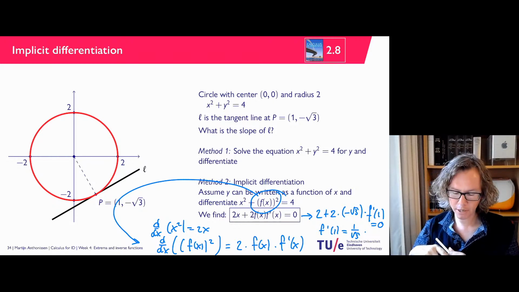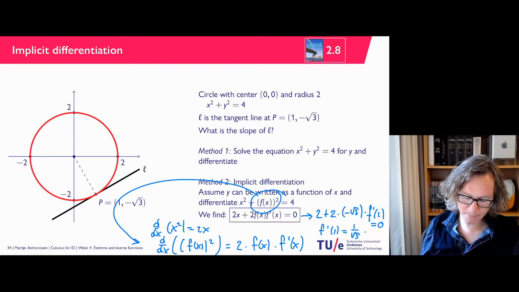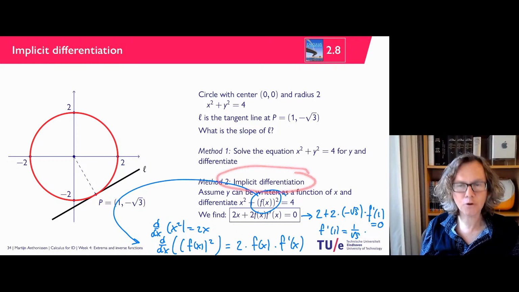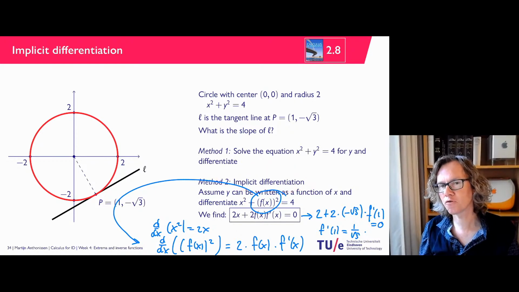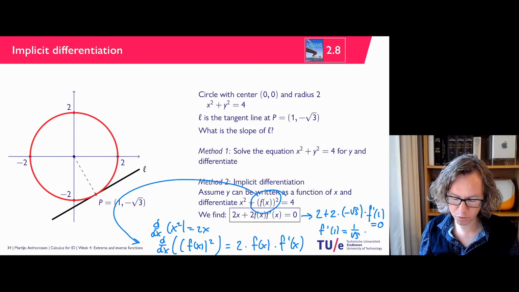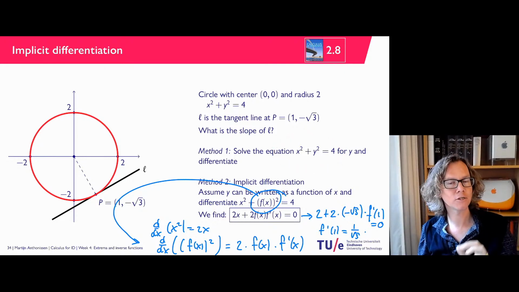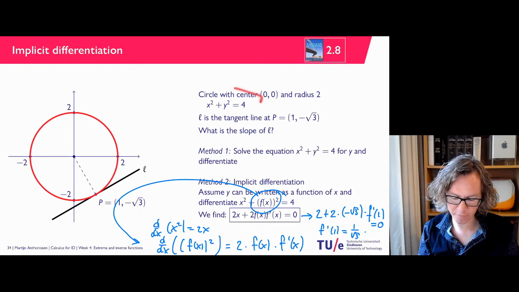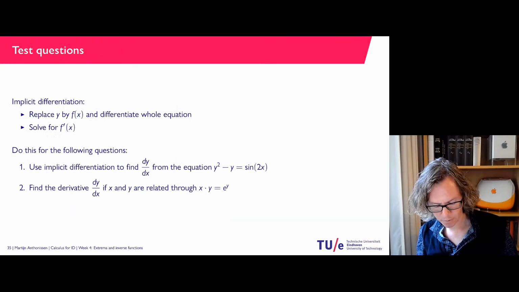You will see a number of examples with that, and it's called implicit differentiation because you do not have an explicit formula for y. If you would write y as a function of x, really solve for it, that is an explicit formulation. If you just have an equation like we have here, that is called an implicit relation, and hence it's called implicit differentiation.